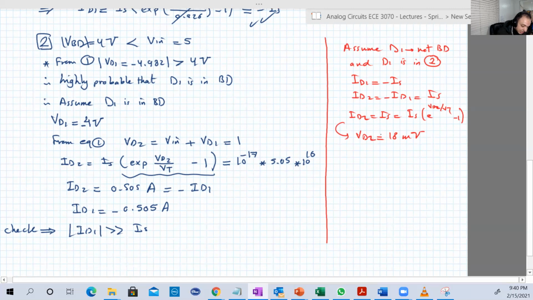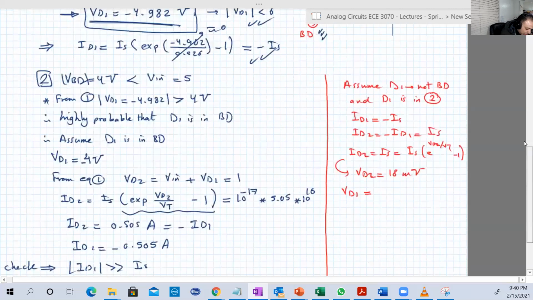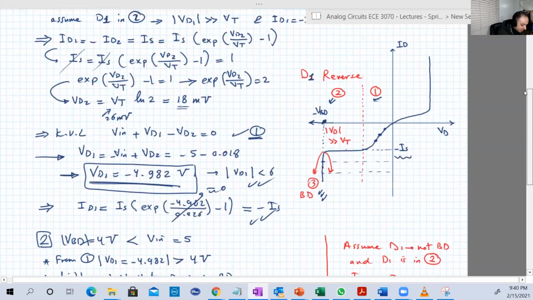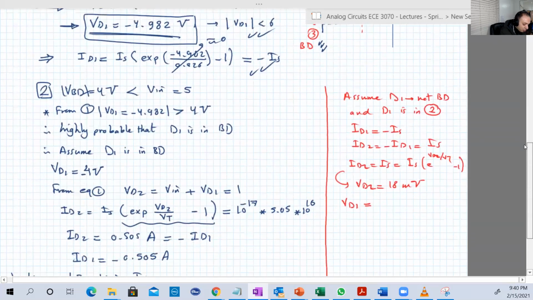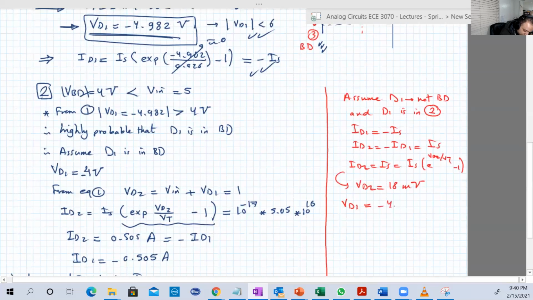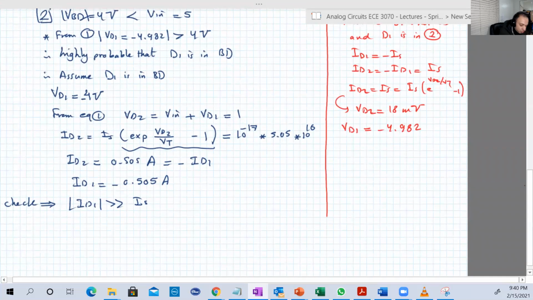Okay. Now from Kirchhoff, VD1, if we look back, because we are doing exactly the same steps, will be minus 4.982. Is this right? No, that's incorrect, because VD1 here as a magnitude is greater than 4 volts, which is breakdown.